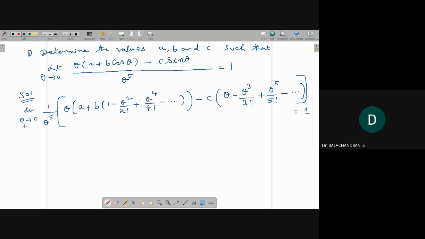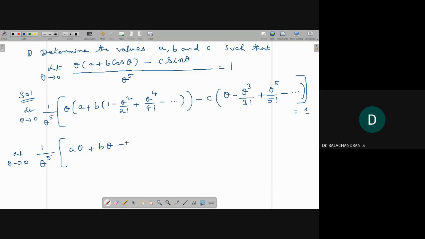Now simplification. Limit theta approaches 0, 1 by theta power 5 into, multiply A theta, and then B theta into 1, that is B theta, into minus theta square by 2 factorial.